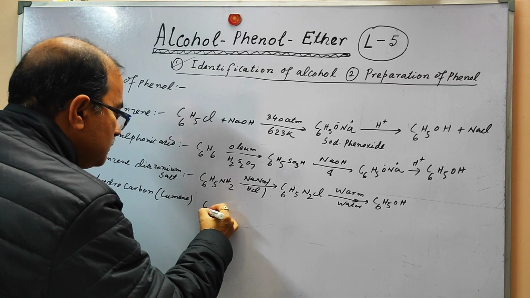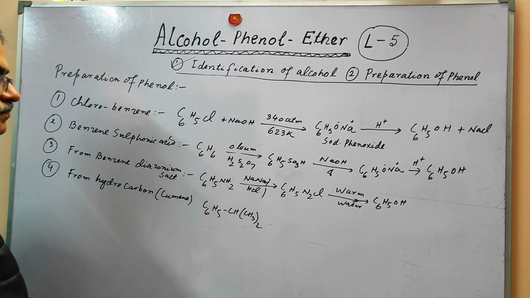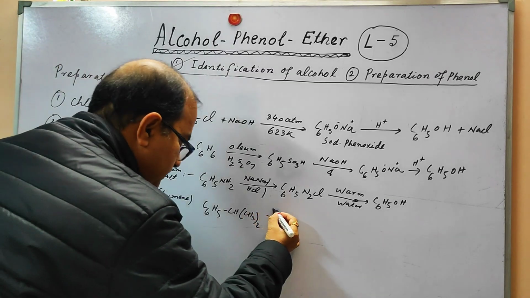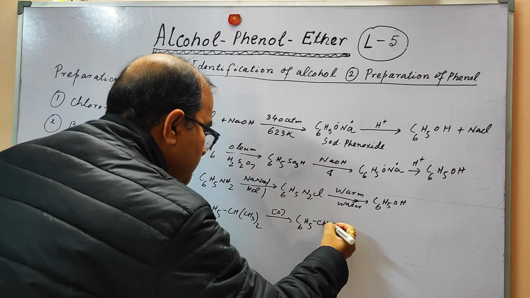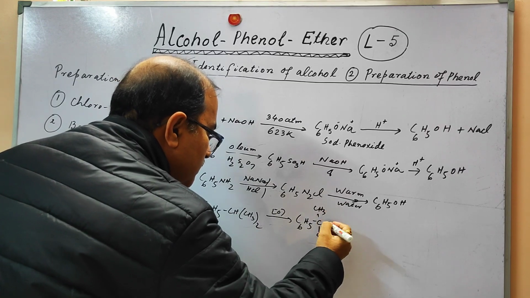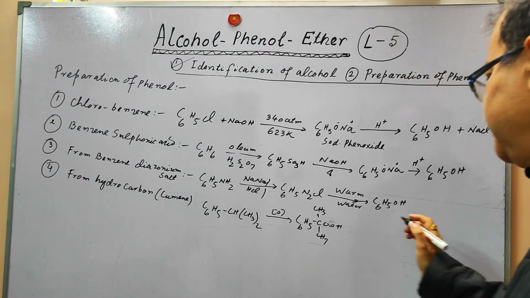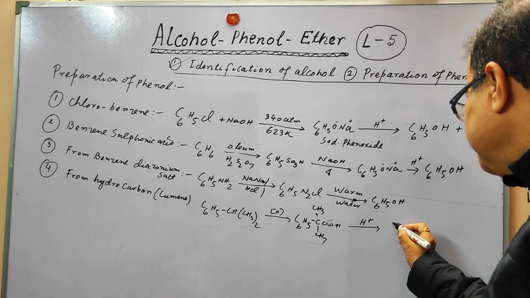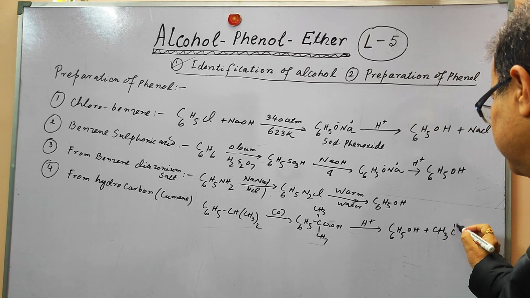So you can write C6H5CH(CH3)2, this is isopropyl benzene, and when this is oxidized, it will produce the cumene hydroperoxide. Cumene hydroperoxide has 2 CH3 there, and when this is hydrolyzed in presence of H plus, it will produce the phenol C6H5OH plus acetone.